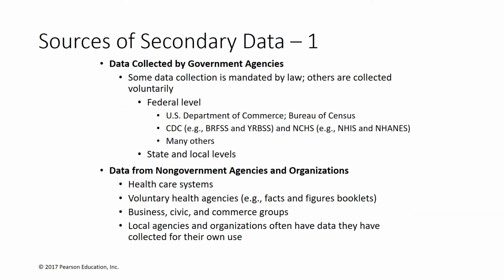Okay, so again, with sources of secondary data, there are two main groups: data collected by government agencies and data from non-government agencies. With government agencies, we have this first bullet: some data collection is mandated by law. The specific law would be the Public Health Service Act, right?